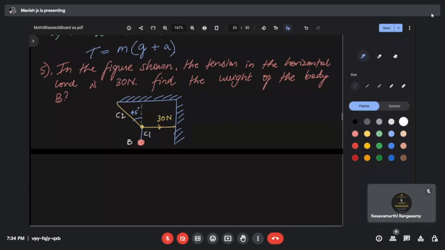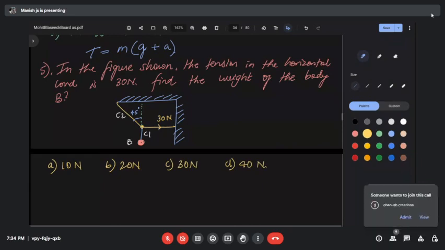So that is what we need to find out. I'm giving you the options. Option A 10 newtons, option B 20 newtons, option C 30 newtons, and option D 40 newtons. What can we do to solve this question? Will weight be in newtons, sir? Yes, weight will be in newtons. Weight is a vector quantity and it is going to be in newtons.